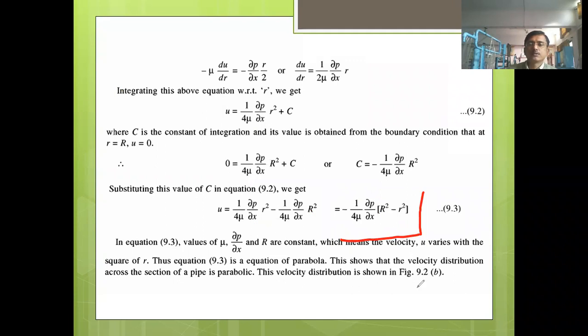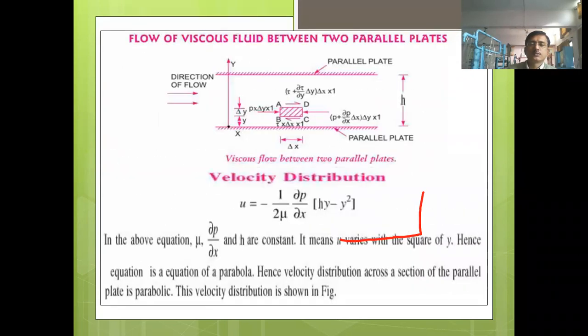Here instead of 8 mu, there is 2 mu, and del p upon del x is common, and instead of capital R, h is used, hy minus y square, and instead of small r, y is used here. This is the expression for velocity distribution.